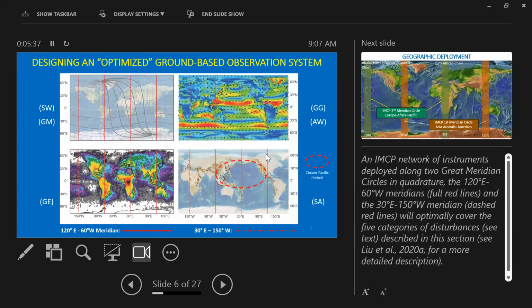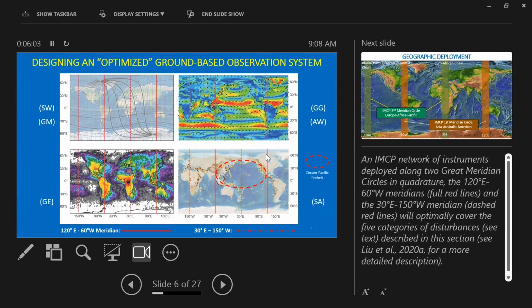So from that, the idea is to try to design the optimal observing system. We cannot cover the whole globe, so the idea is to choose 2 great circles in quadrature that will go through the best possible places to monitor from the ground the different types of disturbances I just alluded to.